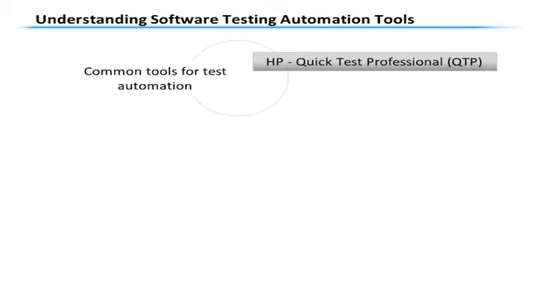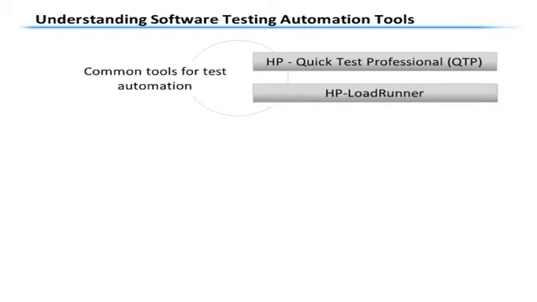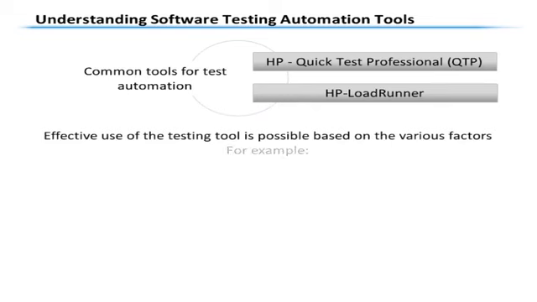Now you're going to learn about software testing automation tools. Let's go over the various tools that are available for the software test automation. Of the variety of tools available, common tools for test automation are the HP Quick Test Professional, commonly known as QTP, or the HP LoadRunner. These tools can be used towards test optimization in terms of time and cost.